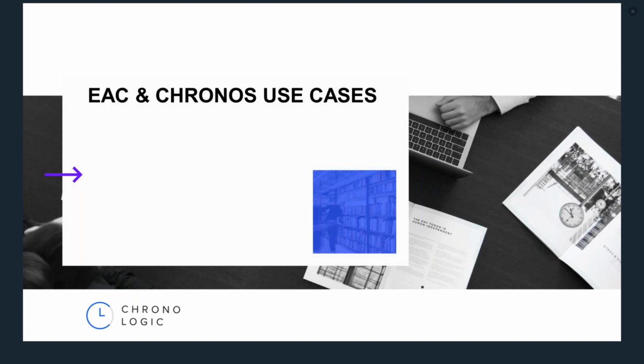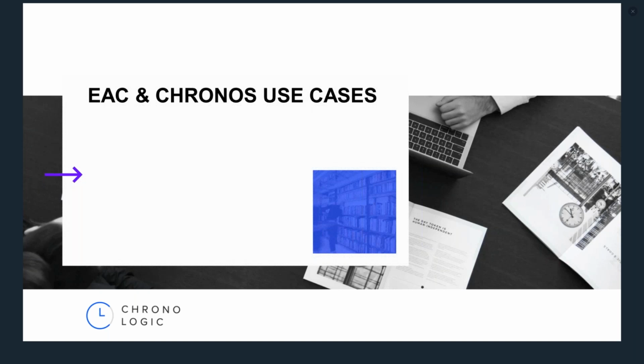We came in and continued from where he left off, and we've been able to achieve a lot in terms of progress. Chronos is basically the EAC on steroids, which is the version 2 of the EAC, which adds in the conditional scheduling, which EAC does not have. EAC is basically the temporal scheduling.